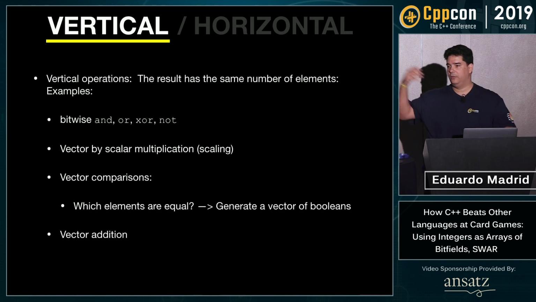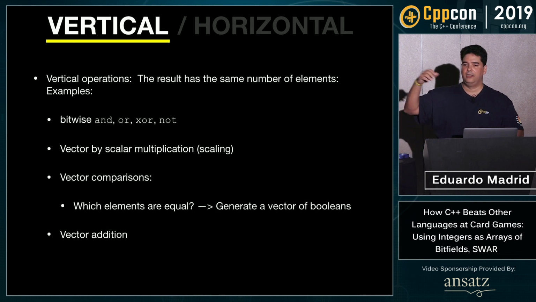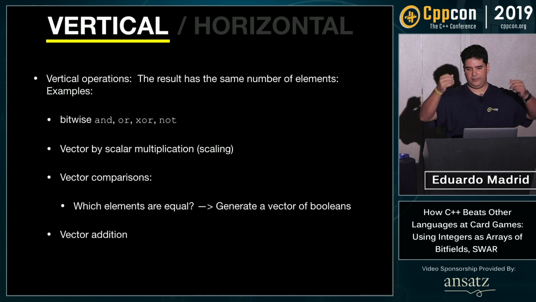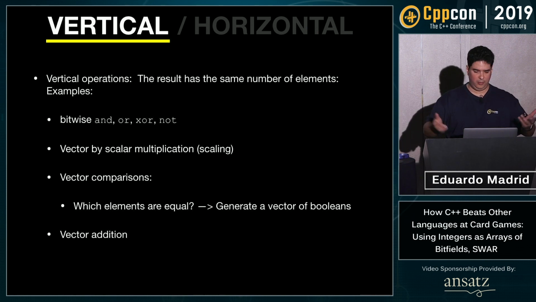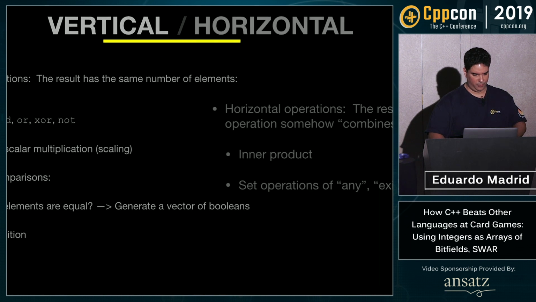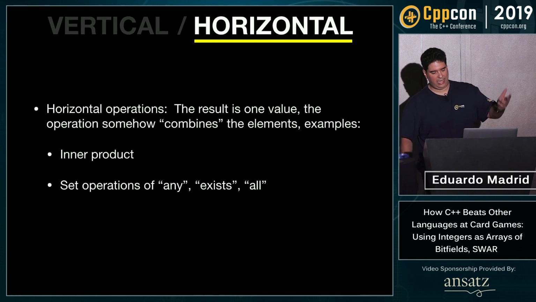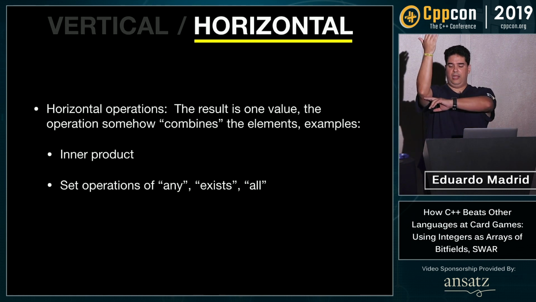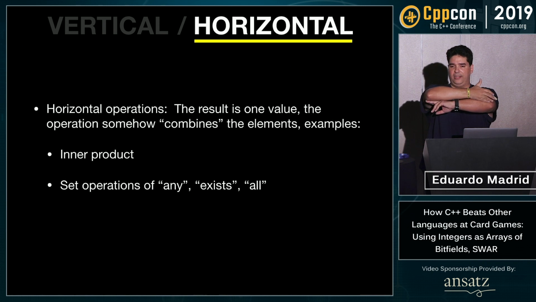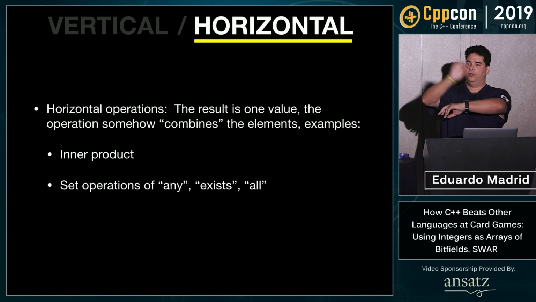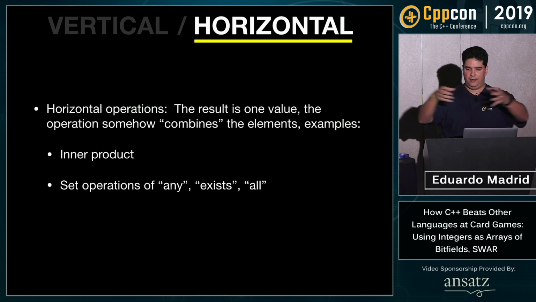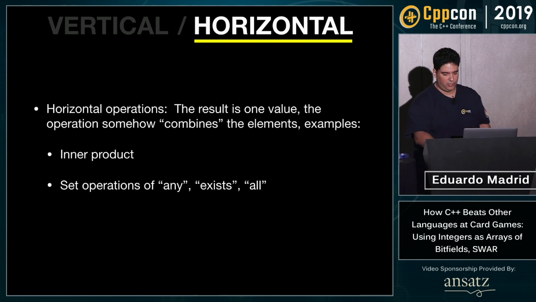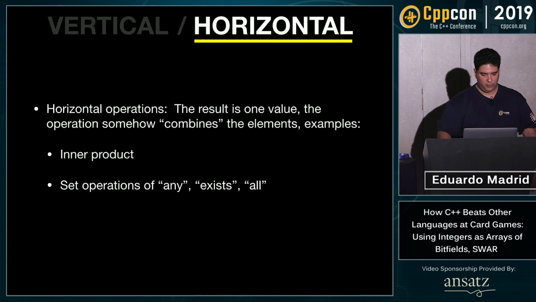Comparisons, like for example, greater or equal to a constant. We're converting numbers into booleans, but it is the same number of elements, therefore it is a vertical operation. An example of a horizontal operation is when you do the inner product between 2 vectors, that you multiply the corresponding coordinates and then do the summation of those individual coordinate products.